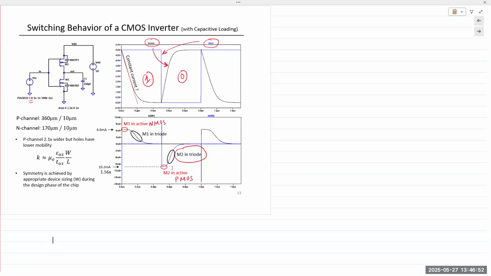And to negate that, the channel of the PMOS is made about 2 to 3 times wider than the channel for an NMOS transistor. These values refer to the channel width. The channel width for a PMOS is about 2 to 3 times as much as for a comparable NMOS transistor.